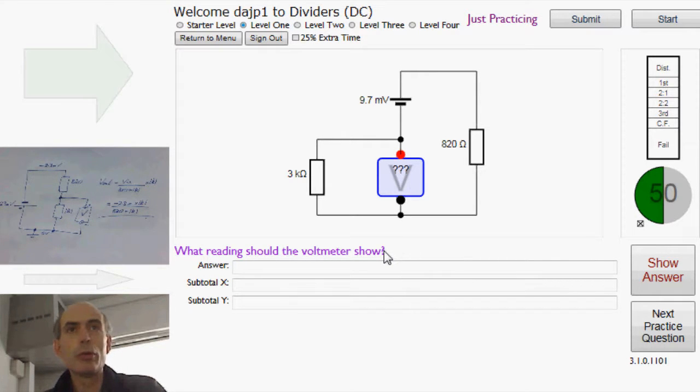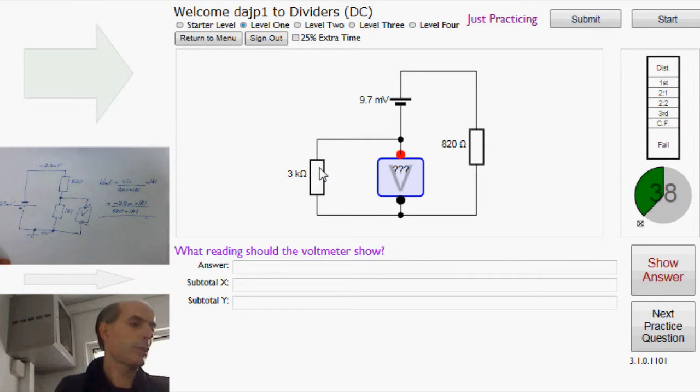It's just drawn in a potentially confusing way, but it's topologically identical to a much more familiar form of potential divider, which I could see perhaps by defining this point here to be ground, raising this up, and then moving these two components around the circuit so that they're down here rather than being there.